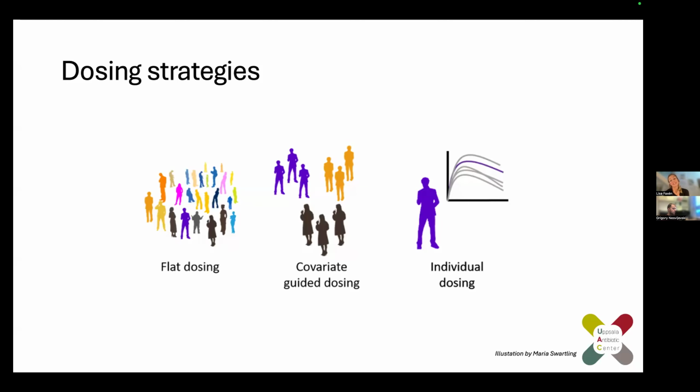But that is, of course, time-consuming and costly, so we cannot do that for all patients. Today we do it in certain cases, especially for antibiotics with a narrow therapeutic interval.